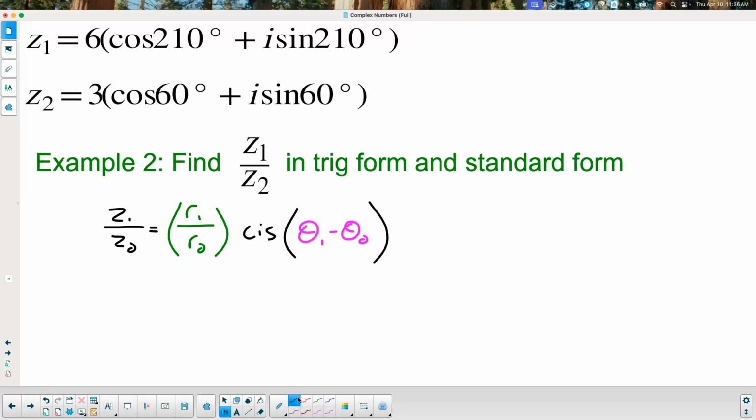So in this particular case, same z values as the last example. So this would be 6 divided by 3 and 210 minus 60.